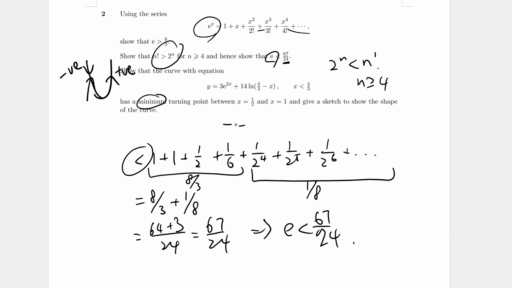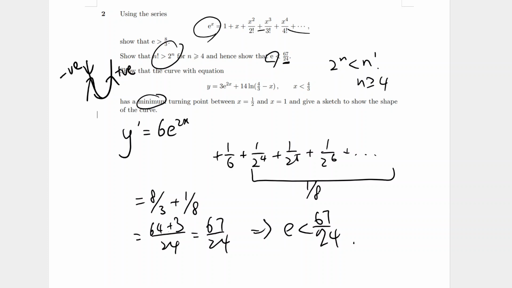Differentiate the y before we do anything. So y prime equals 6 e to the 2x plus. Oh, how do I differentiate this? This is really ugly. Minus 14 over 4 on 3 minus x, I suppose.